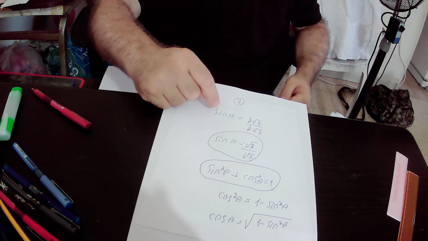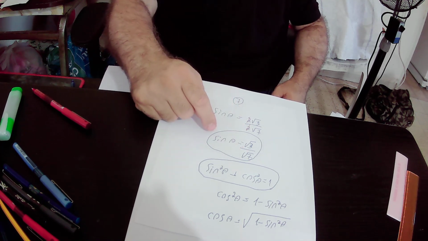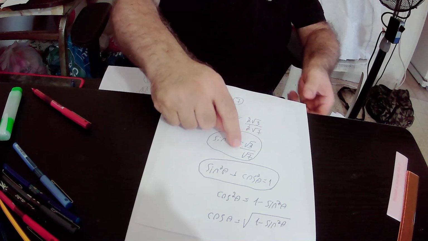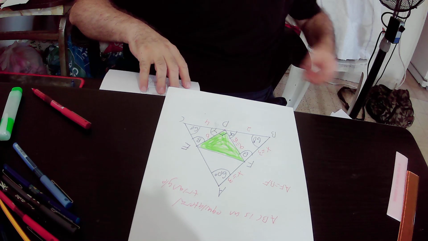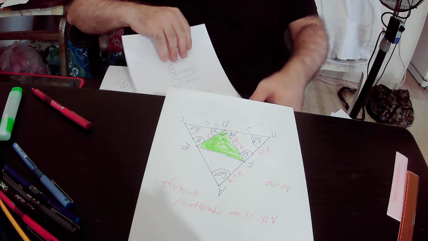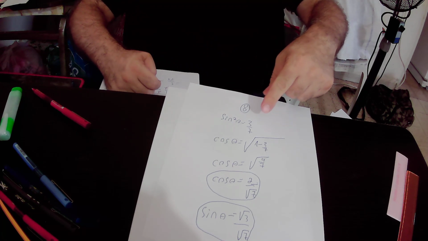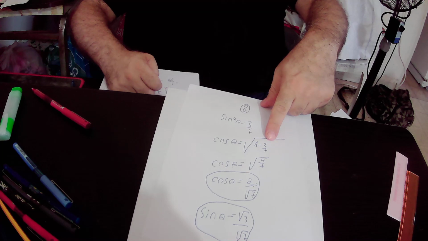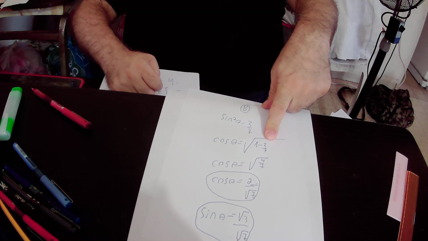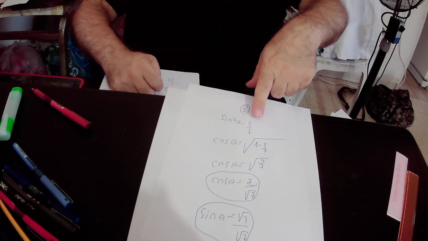We know that sinus theta equals to the root of 3 over 7, so sinus theta squared will be equal to 3 over 7. Okay? Sinus theta squared equals to 3 over 7, and we substituted the value of sinus theta squared in this equality by 3 over 7.